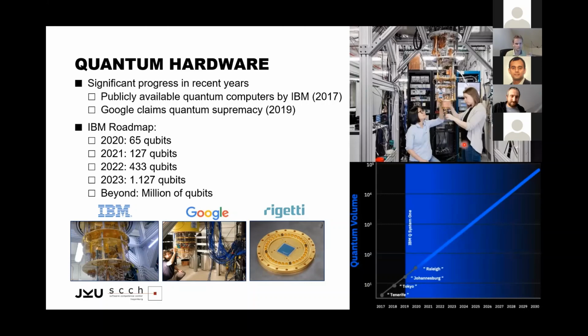I was really impressed with the announcement a couple of weeks ago of IBM's roadmap. I mean, they even dare to say that in the future they're going to have millions of qubits. I'm not sure how realistic that is, but I like very much the ambition behind this kind of announcement. Because when I started working on quantum computing 10, 15 years ago, I was still this crazy guy who does these kind of weird things.